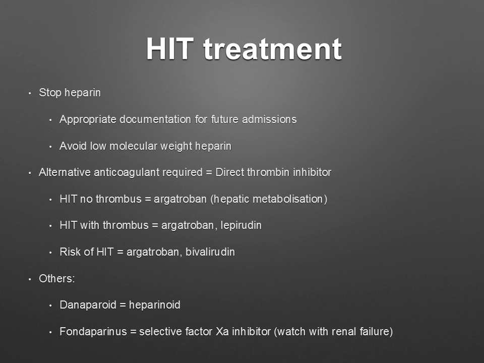So the general rule of thumb that they recommend, certainly from some of the UK guidelines, is if you've got HITS with no thrombus, then look at argatroban. Watch for those in liver failure. If you've got HITS with thrombus, argatroban or lepirudin, and I think that's from leeches actually, some of that stuff, and consider bivalirudin as well.